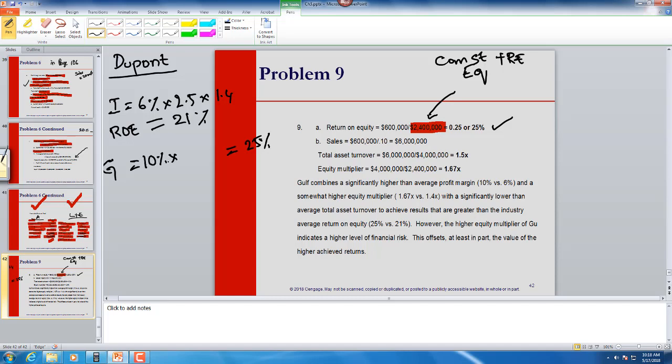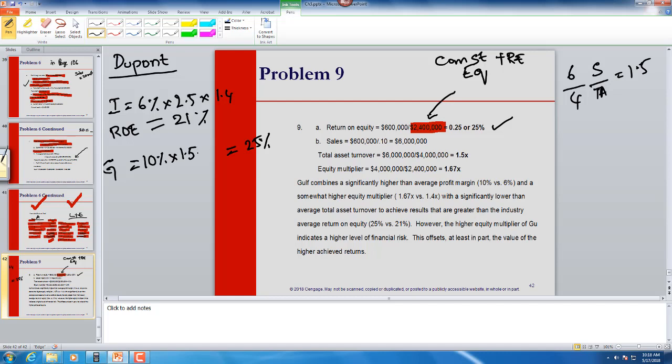Now you need to know total asset turnover. For that, you need to know sales. You know that total assets for this company is 4 million as per the balance sheet. And if 600,000 is 10%, sales have got to be 6 million. So 6 million by 4 million, sales by total assets, gives you 1.5 times total asset turnover.